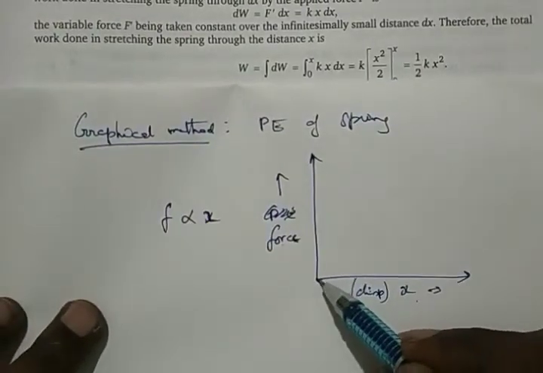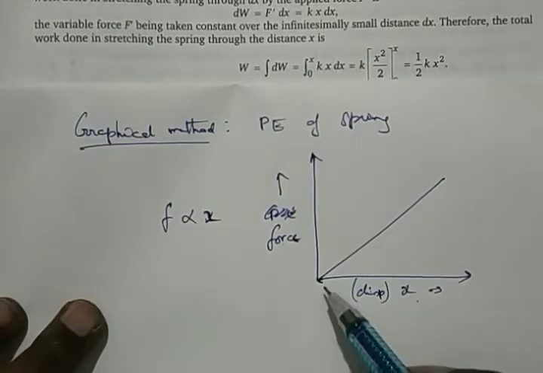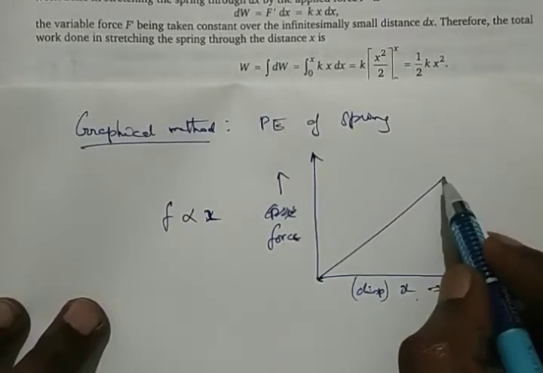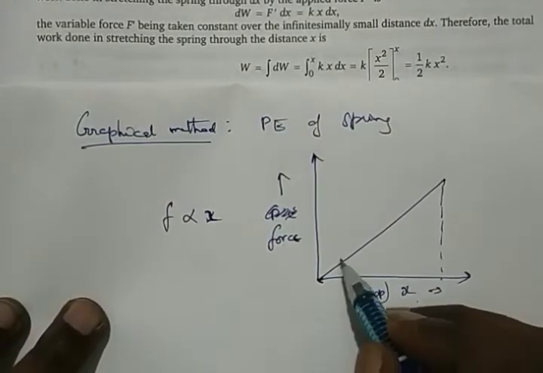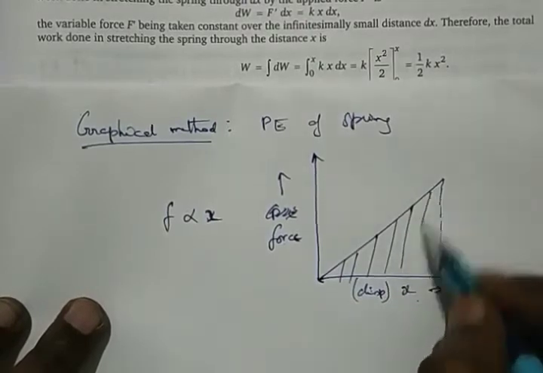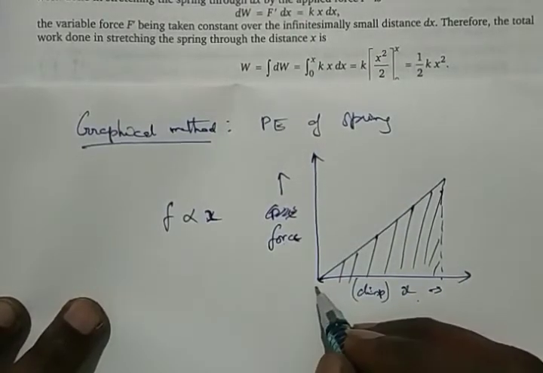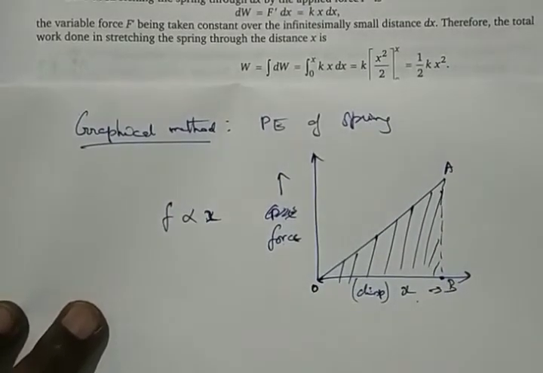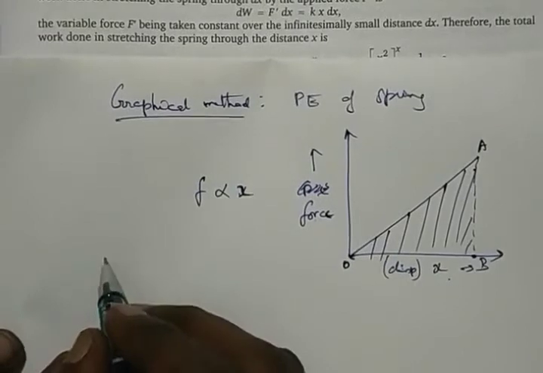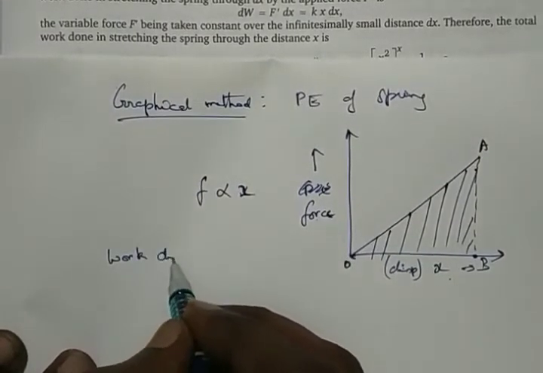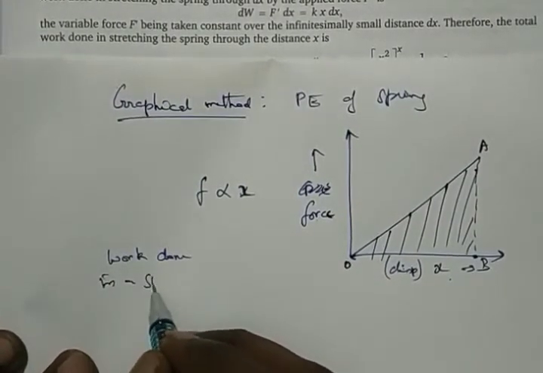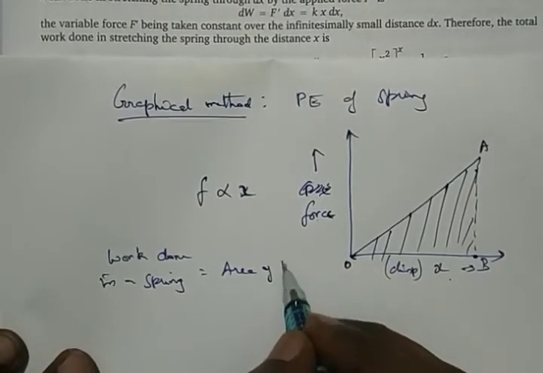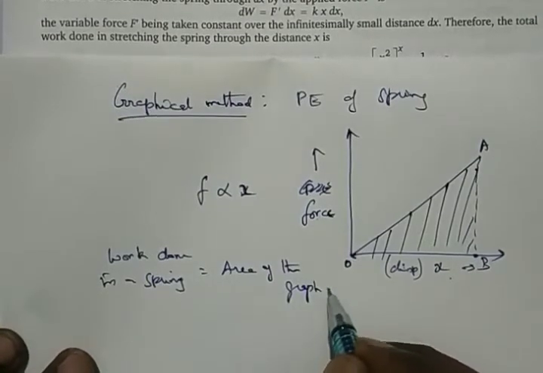So the graph will be like this. The graph will be a proportional graph. It will be a straight line. Now what you do is you try to cover this, and we are trying to see what is going to be the area of this. It is O here, maybe it is A and this is B. So work done in a spring is going to be equal to the area of the graph OAB.